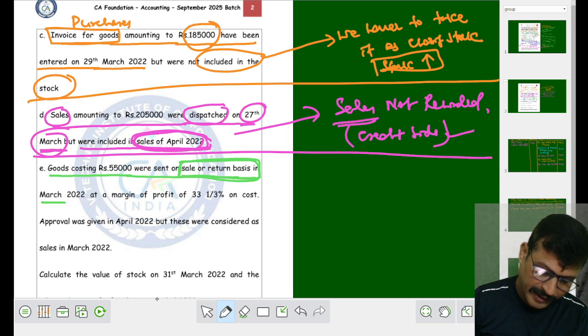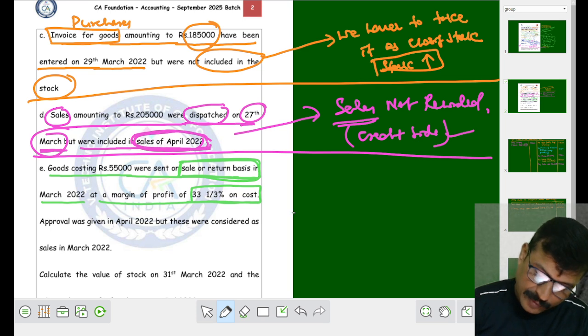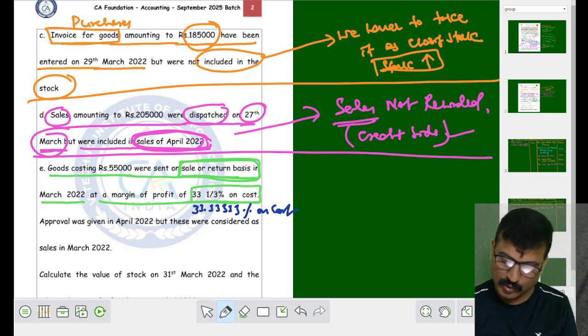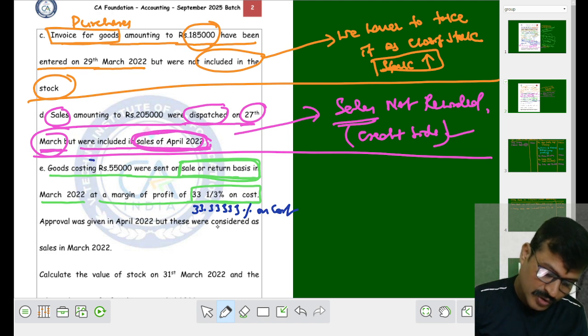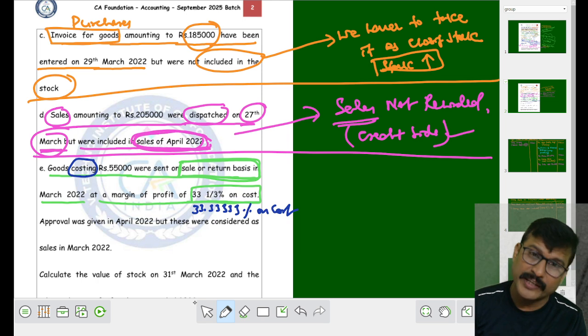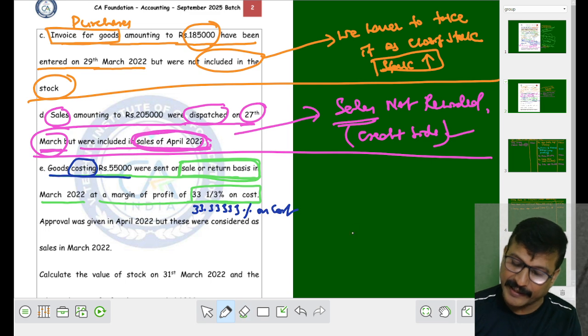In March 2022 at a margin of 33 1/3% on cost. 33 1/3 बोले तो it is nothing but 33.3333% on cost. वो तो सेंड हुआ. बाद में क्या हुआ? ओ देखिए ना, ये गुड्स कैसा है? गुड्स कॉस्टिंग है. सेल्स गुड्स नहीं है. तो गुड्स कॉस्टिंग 55,000 है. कैसे सेंड किए आपने? सेंट ऑन सेल और रिटर्न बेसिस. प्रॉफिट मार्जिन कितना है? 33.33% है.